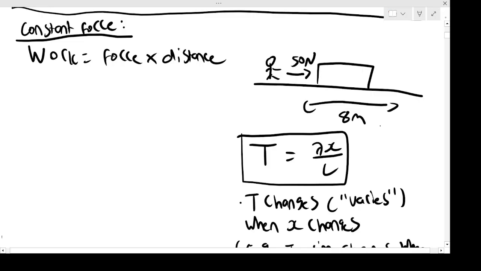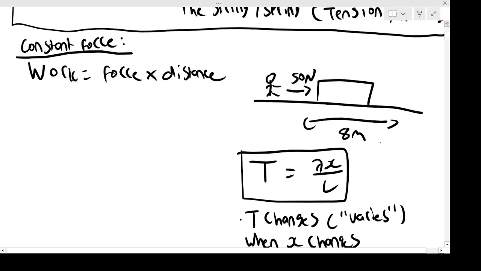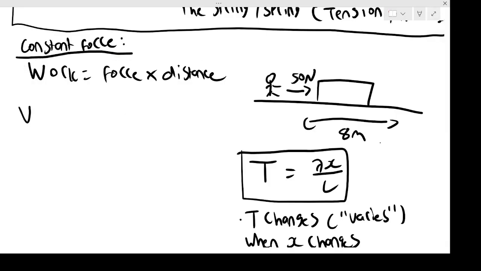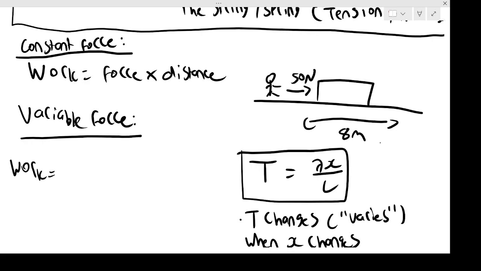Okay, so what we need to come up with is to almost modify this equation when there's now a variable force. It turns out that when the force now varies, we can calculate the work of the force by an integral. It's going to be the integral between 0 and the distance travelled d, and I'm going to integrate the force, which is f of x.